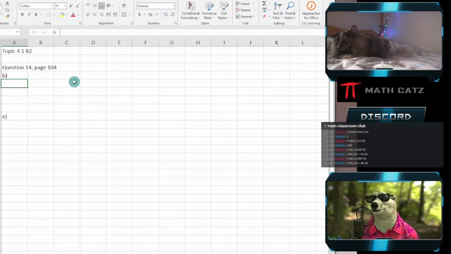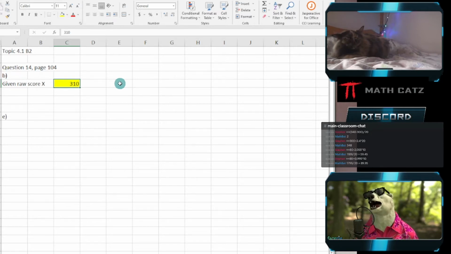So let's write everything out here. Given raw score, let's call it X, and we'll put it over there as 310. I'm going to go with the convention. That's how I learned it. Yellow reminds me that it's an input cell. I am given these numbers, and green will be where I perform a calculation using that.